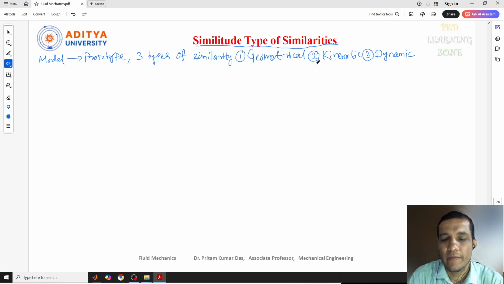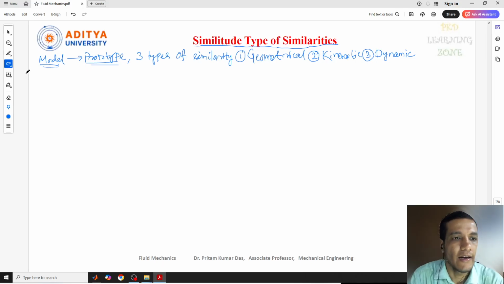These are the three properties, or dimensions: geometrical quantities or properties, kinematic quantities or properties, dynamic quantities or properties of fluids. These three similarities should be the same between the model and the prototype. That is called similitude of similarities.